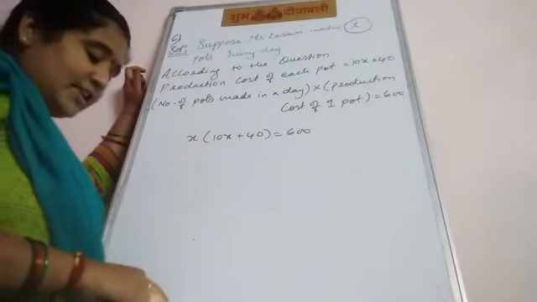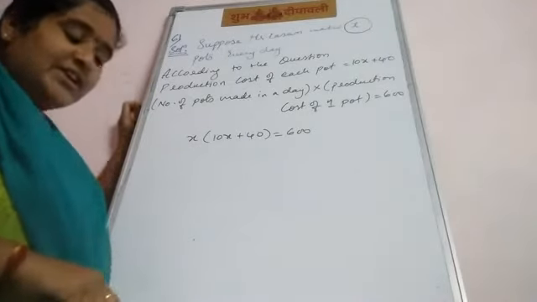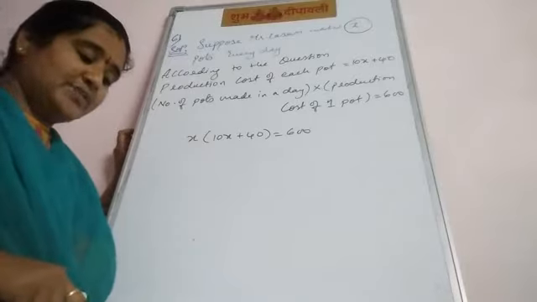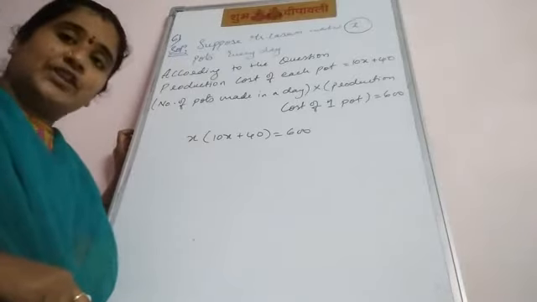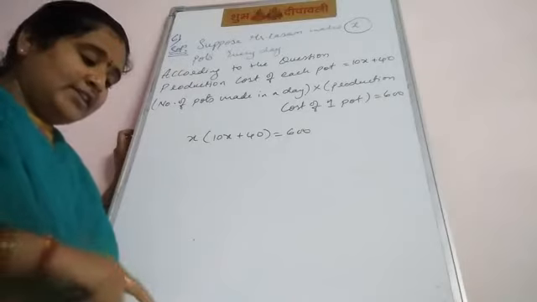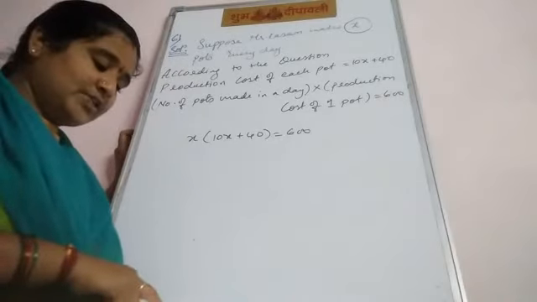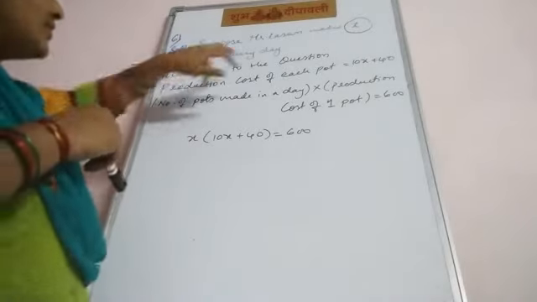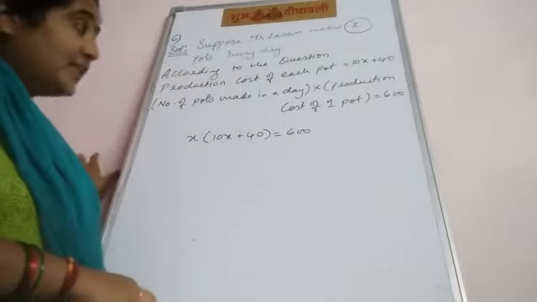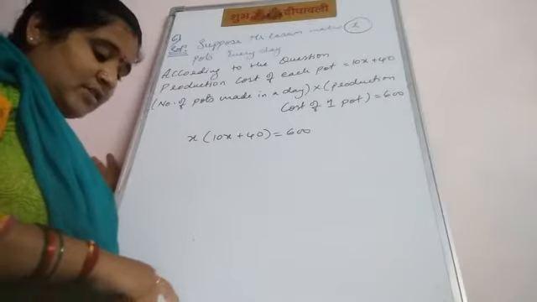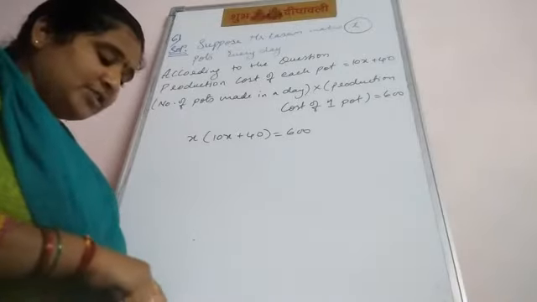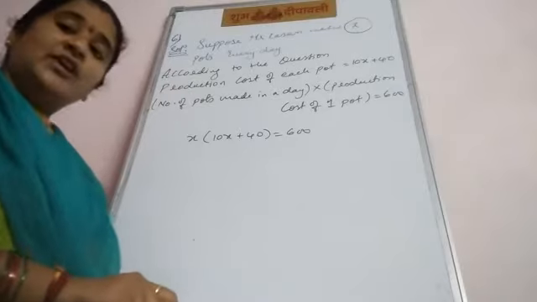Now, what else is given? The production cost of each pot. The production cost of each pot is 40 more than 10 times the total number of pots.